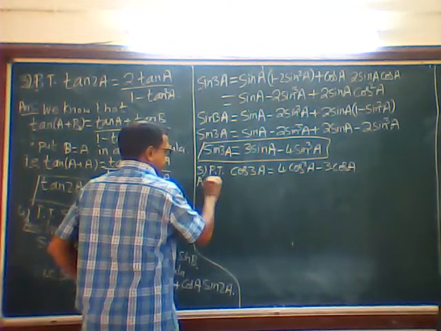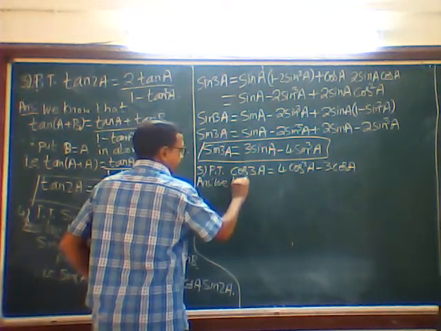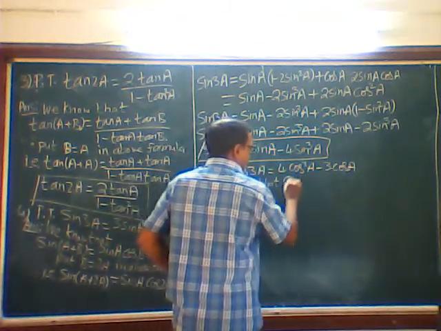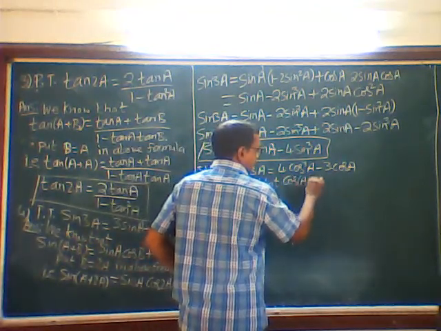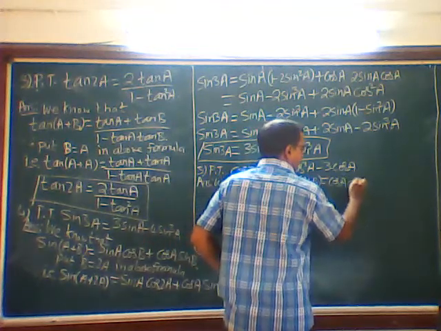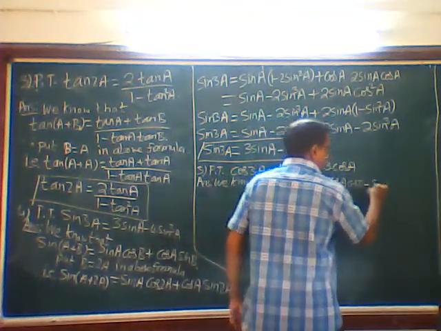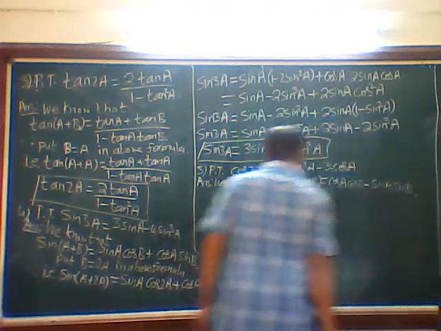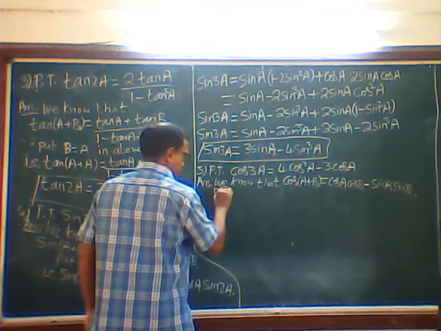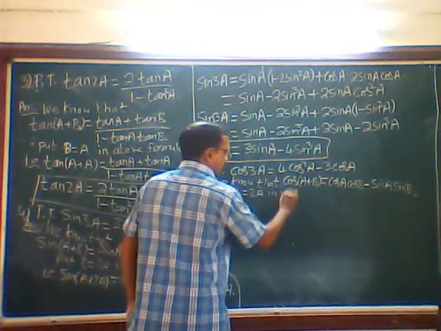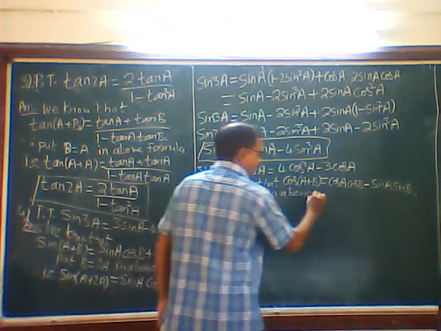We know that cos of a plus b is cos a cos b minus sin a sin b. Okay? Again I say put b is equal to 2a in the above formula.